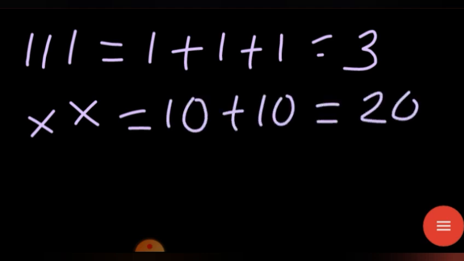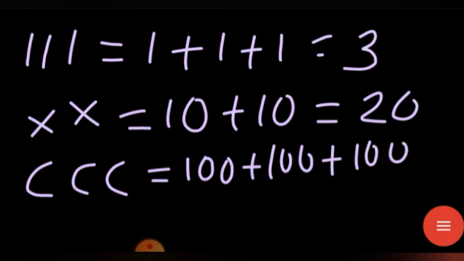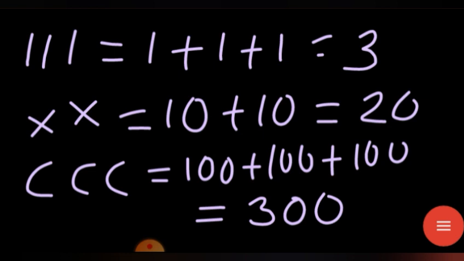Then C C C, how to write? The symbol of C is 100 plus 100 plus 100, what number is this? Yes, 300. M also can be repeated. 2 times M means 1000 plus 1000, that is 2000.